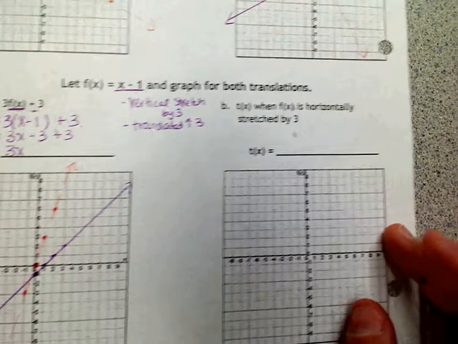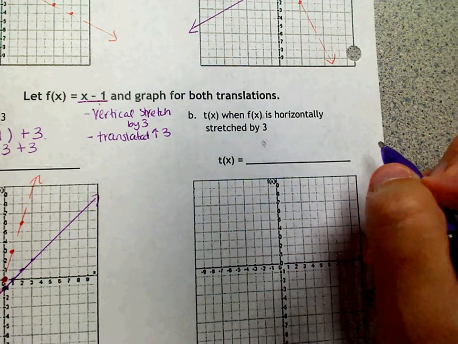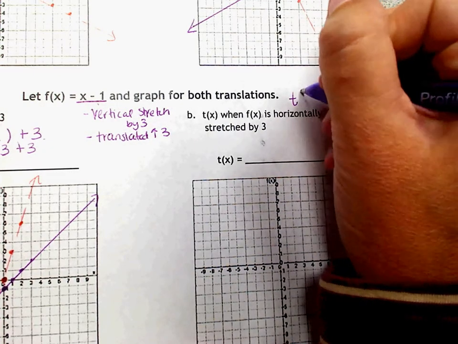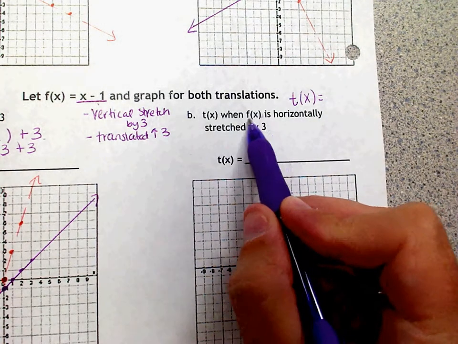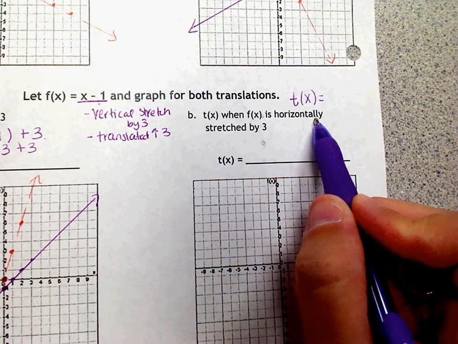Alright, on part B, how do I show a vertical stretch by 3? How do I write that? I'm going to put it above because I don't really have a whole lot of room to work. So how do I write that I want to take f of x and I want to do a horizontal stretch? Horizontal goes where? Inside.